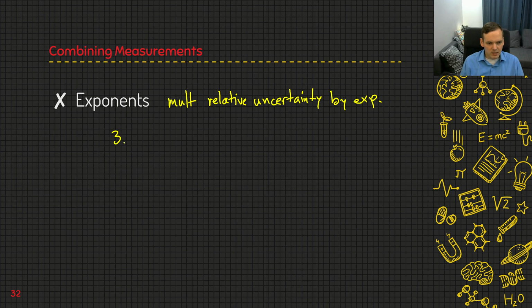So if I have that same example of 3.0 plus or minus 1.5, and if this gets raised to the 1/2 power, so in other words, I'm square rooting my measurement, then I'm going to say it's the square root of 3.0 plus or minus, and then I take the relative uncertainty, which is 0.5, and I multiply it by 1/2, so plus or minus 0.25.